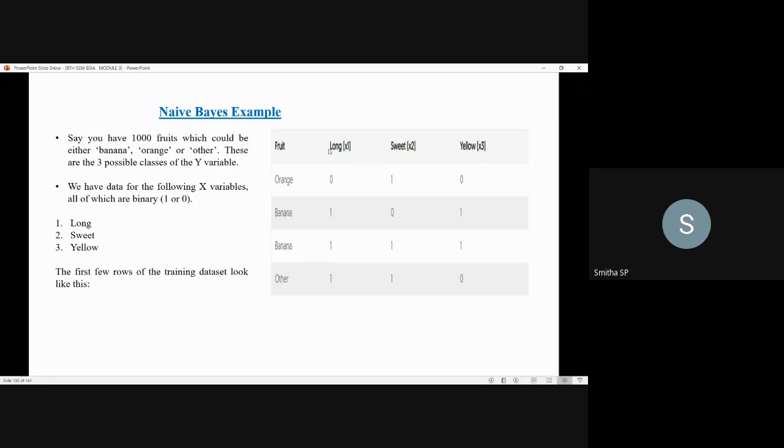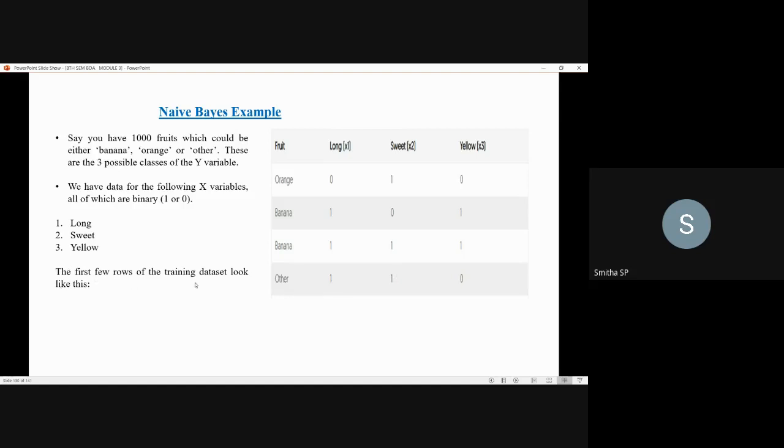If you have only one X variable, then you can use the Bayes rule for computing the probability. But here we have multiple X variables, so we considered them as independent variables and computed the probabilities using the naive Bayes formula. Next, we shall see how we compute this.